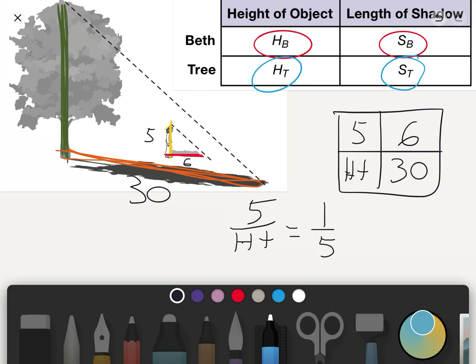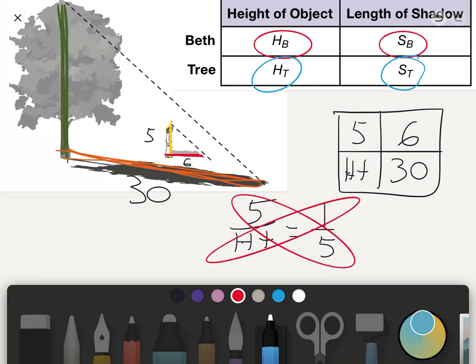And so multiplying the sides, or cross multiplying, we can get to the height of the tree equals 25, and we are measuring in feet.